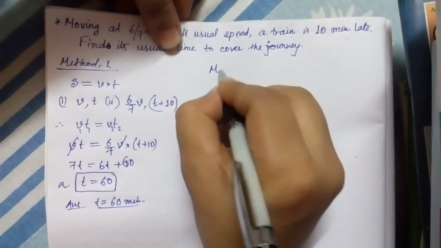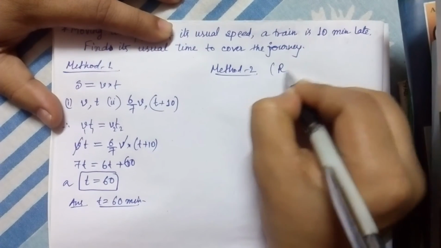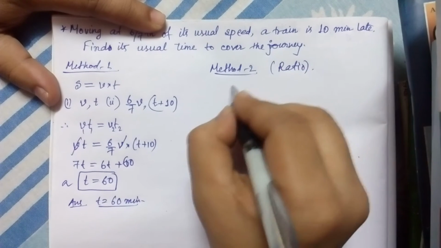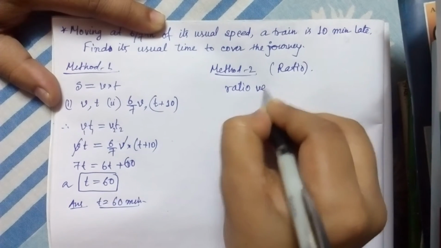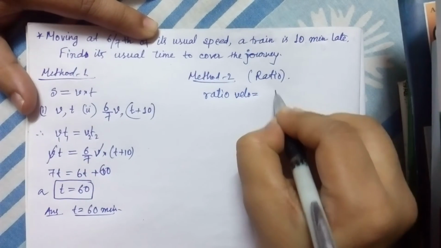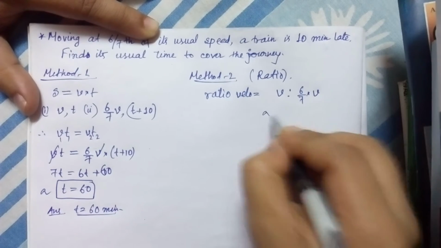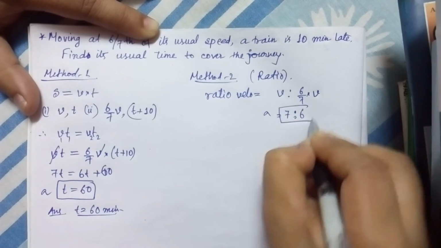And method 2, that is the ratio method, says the ratio of the velocity for the first instance, V is to 6/7 into V, is 7:6.